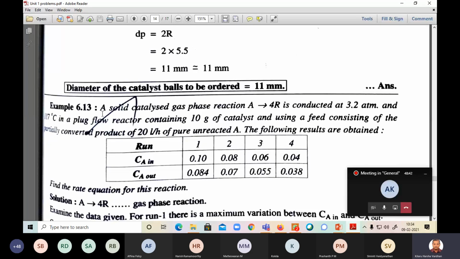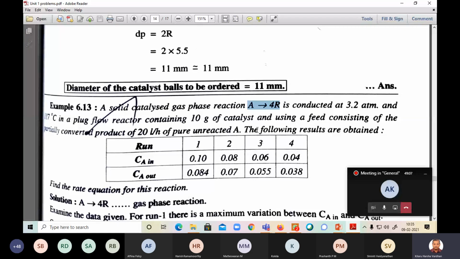And the other problem I want is this. This also they ask a lot of times. This is a solid catalyzed reaction. A gas phase is given, unlike earlier where we used a liquid phase, therefore you were not putting an expansion factor into the picture. But when there is a gas phase reaction, you can see A gives 4R. The number of moles is increased.